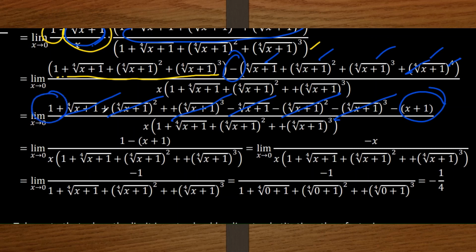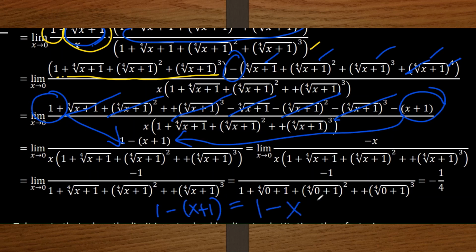Now bring down the constant 1 and bring down the radicand, that is x plus 1. Combine like terms, so 1 minus x plus 1 is equal to 1 minus x minus 1, and that is equal to negative x here.